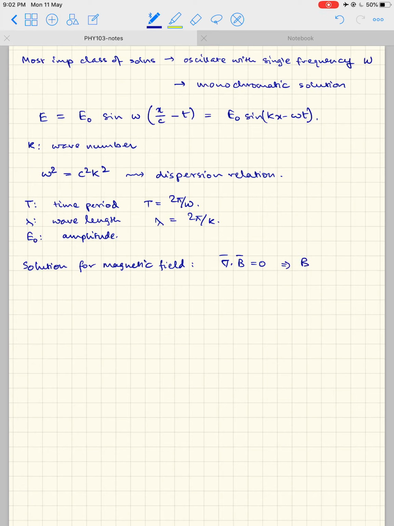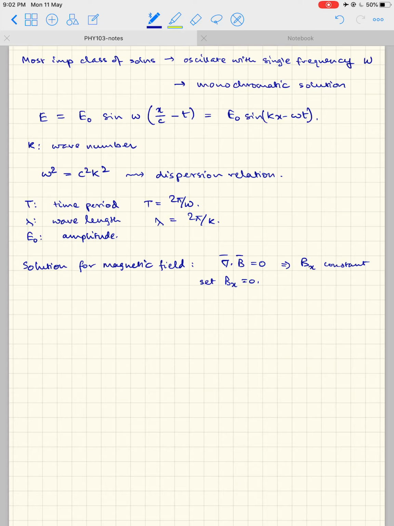So B_x is going to also be a constant, and we shall set B_x equal to 0 in the same way that we argued last time around.